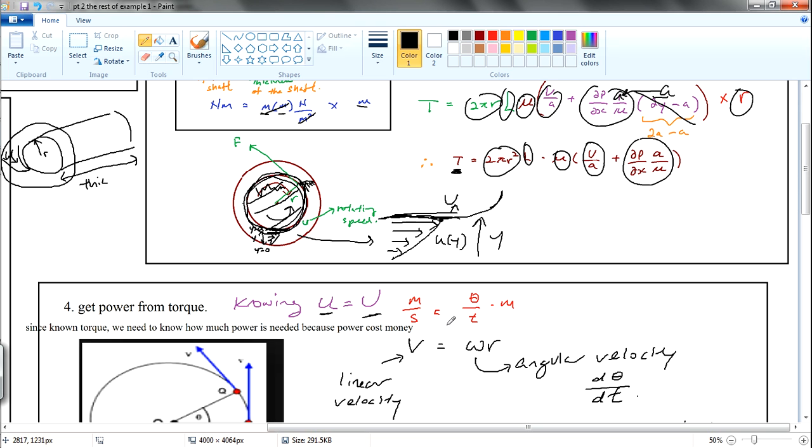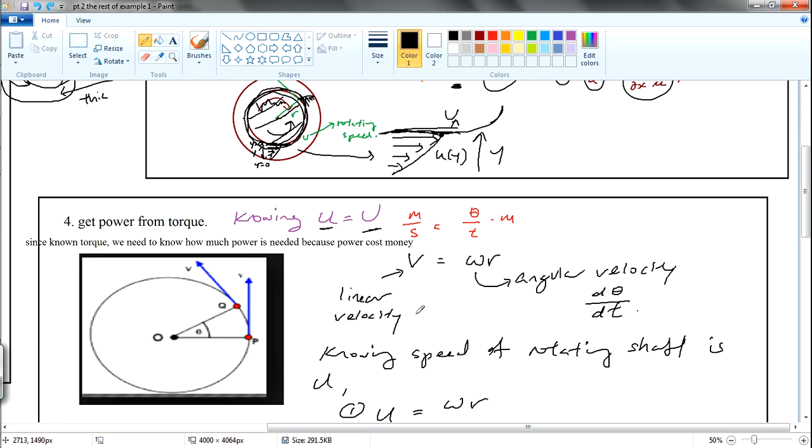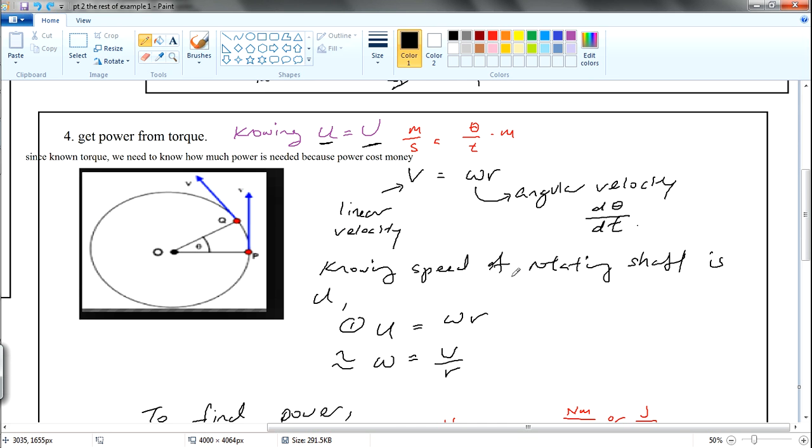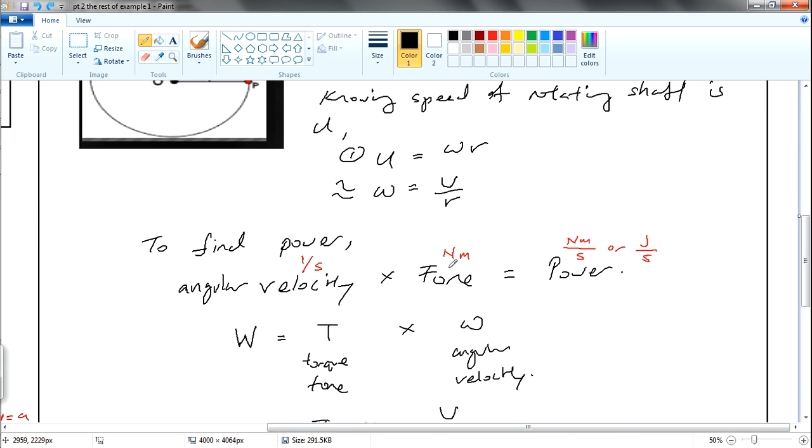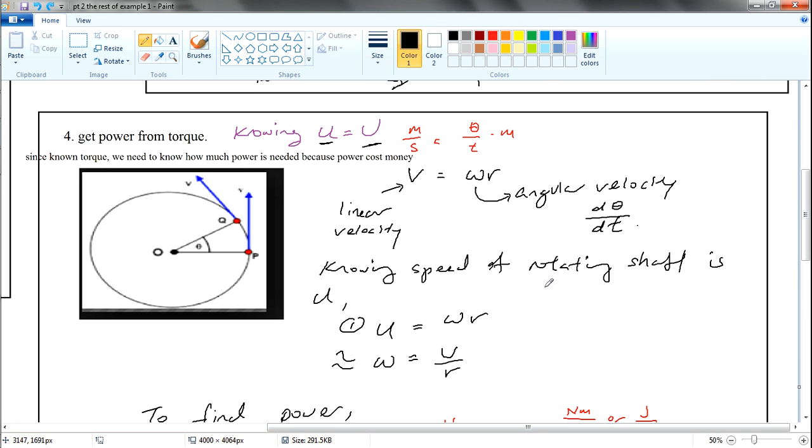So the linear velocity is equal to omega, the angular velocity, multiplied by r first. But what we are doing is creating a power equation, because the power is in terms of angular velocity times force, so we have to change in terms of angular velocity first.